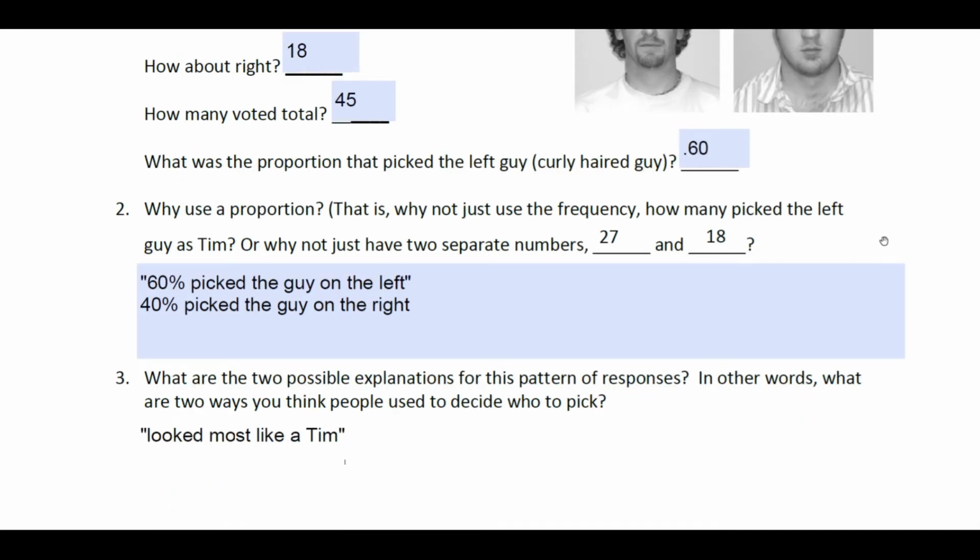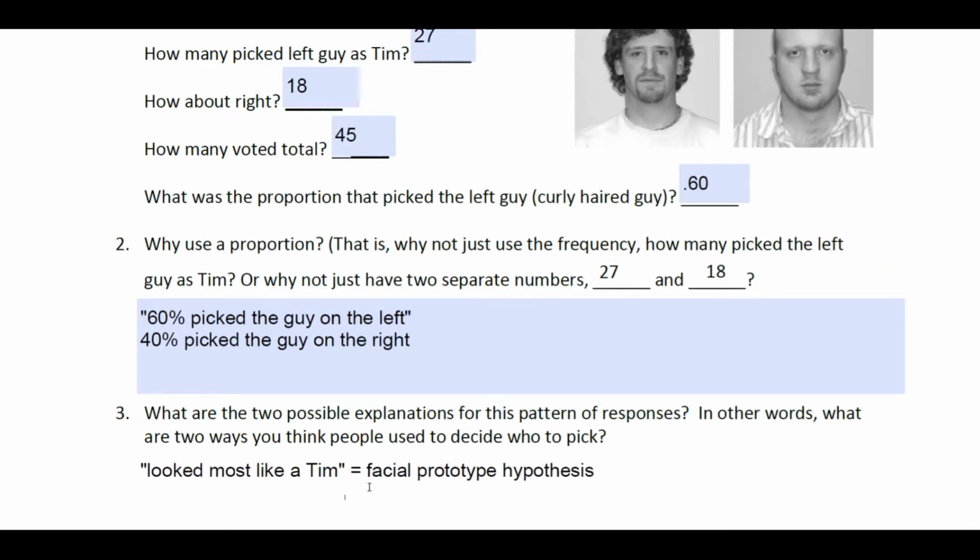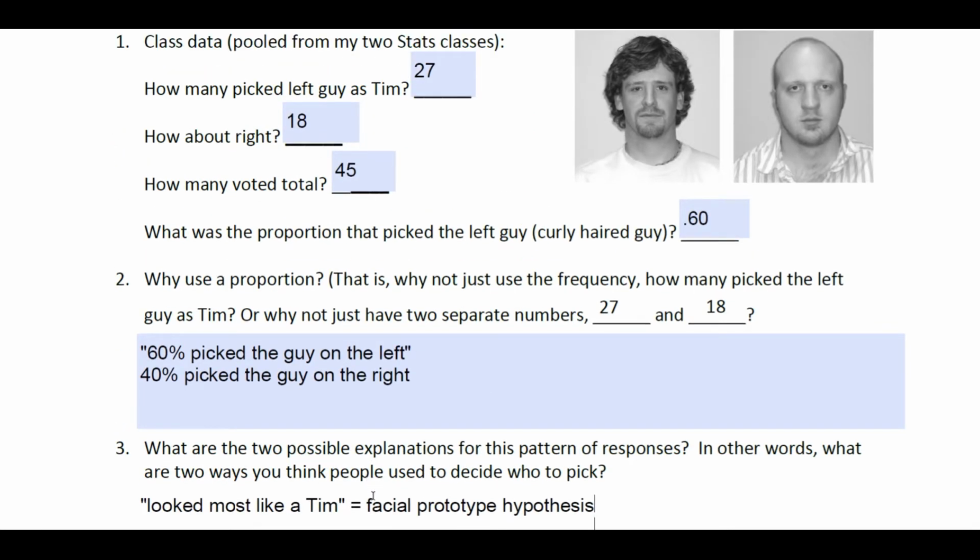So we are going to call this basing it on the idea that he looks like his name is Tim the facial prototype hypothesis. What this basically means is we're going to test this hypothesis. Do we think that people have facial prototypes?